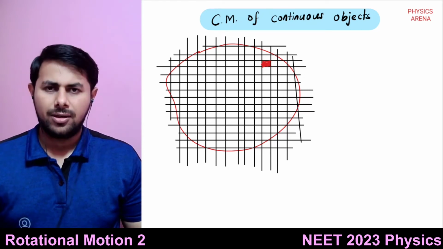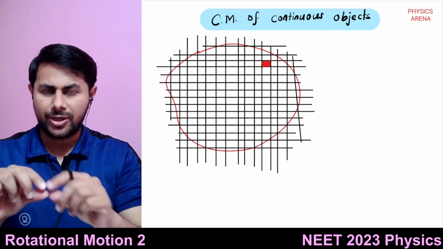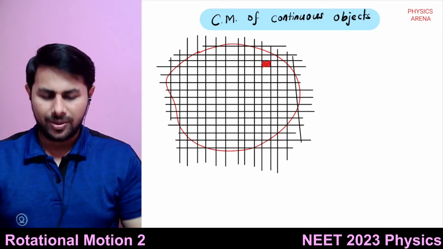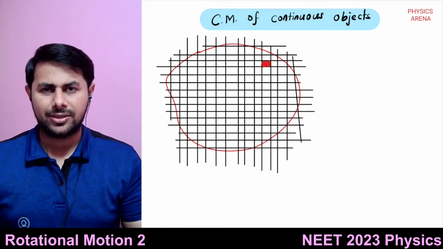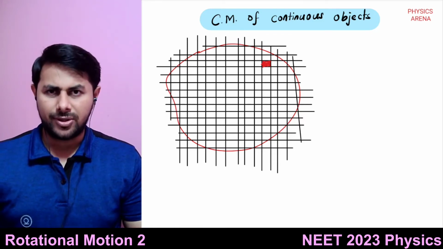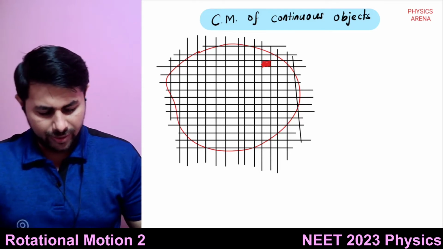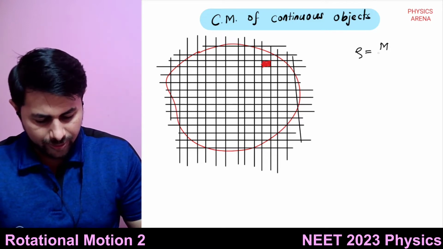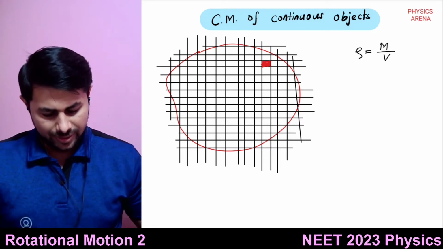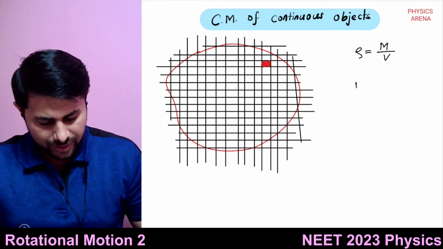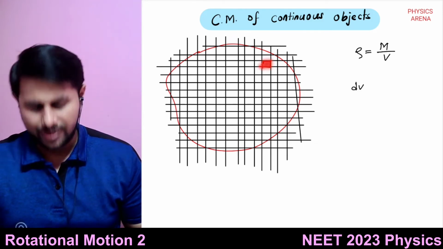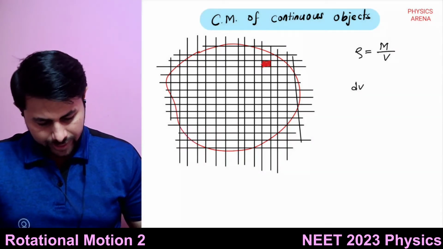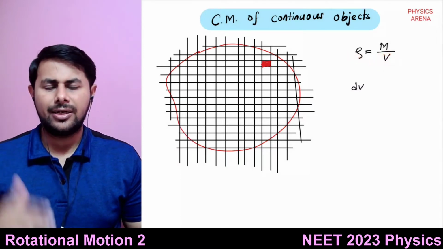Now if the body is linear, then you can consider linear mass distribution. If it's an area, then you can consider areal mass distribution. If it's a volume, then we can say that the density of this body is mass upon volume. Let's suppose dV is the volume of this piece.